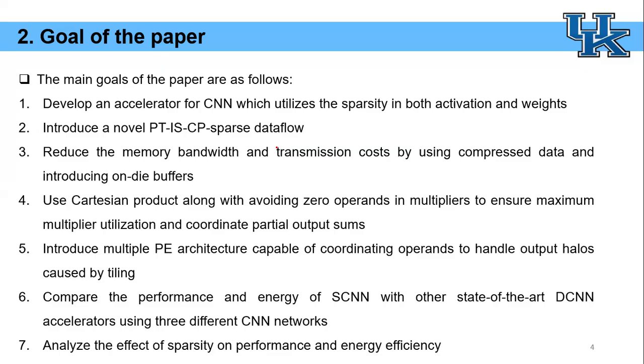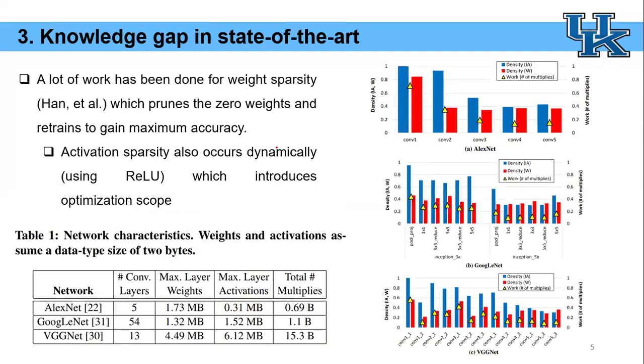The other part is that it does a parallel multiplication and then coordinates the partial sums later on. And then multiple PE architectures are used alongside tiling to avoid something called an output halo. And then it compares the performance and energy of SCNN with dense neural networks, as well as measures the sensitivity of the sparsity on the performance and the energy efficiency.